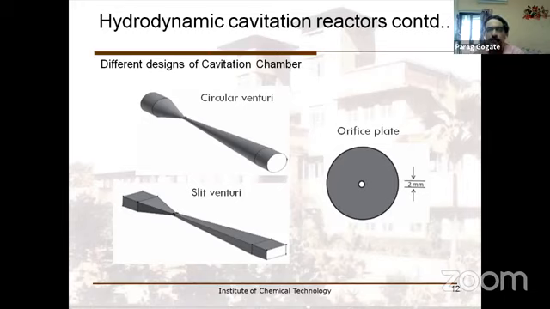So definitely your pressure drop is going to be much higher in the case of an orifice plate as compared to a venturi. What it also means is your pumping energy required is going to be higher when you're using an orifice plate, but that is also providing you higher cavitational activity. So again, depending on what you want to do, you can have a good balance between cavitational intensity and whatever energy requirements you have.